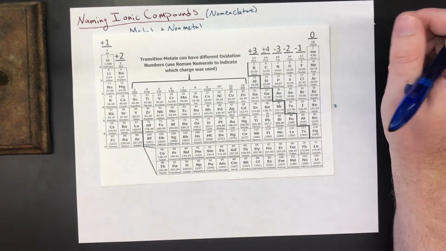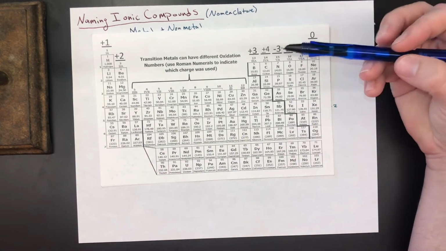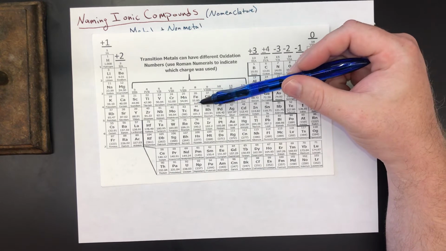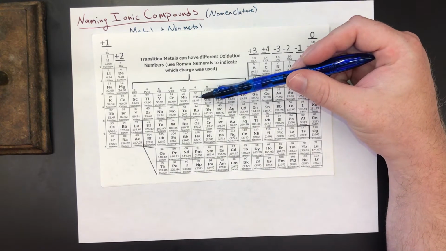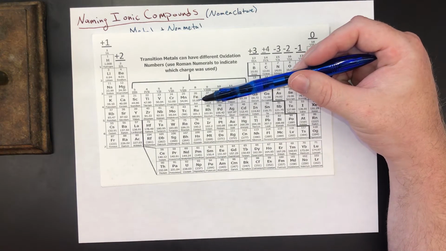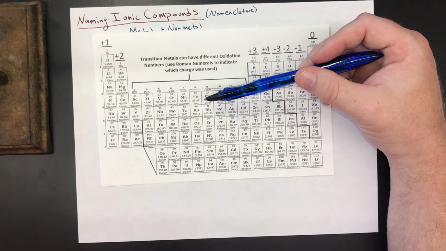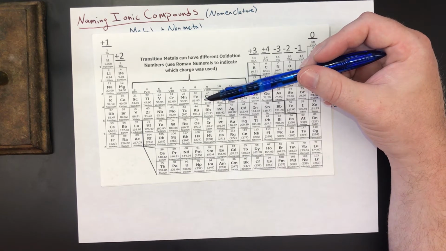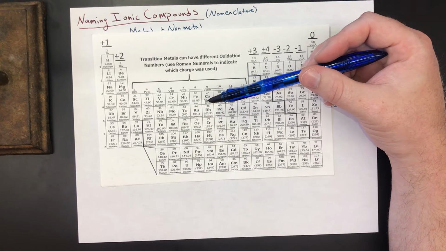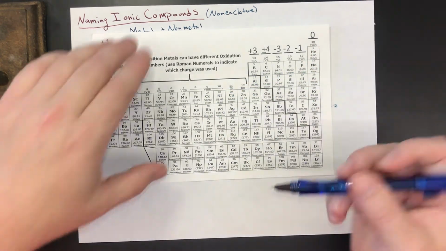Okay, we're going to do that one of 2 ways. There's an older system that applies different names to these compounds. For example, for iron, if you look at its symbol, it's Fe. So they would use the old name ferrous, and they could either call it ferric or ferrous, depending on the charge. That system is very cumbersome and confusing, so we're going to use a different system. We're going to use Roman numerals to identify the charge of these metals.